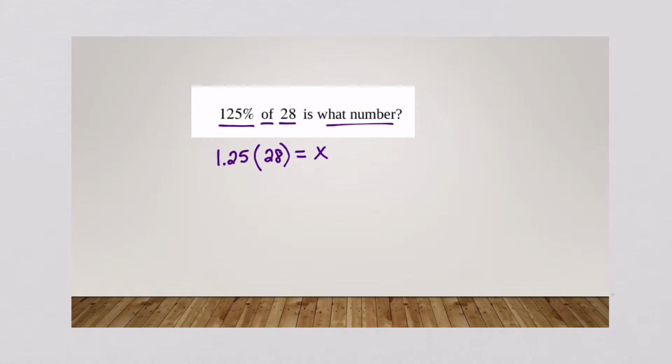So on my calculator, I'm going to type in 1.25 times 28. And I get 35. So we knew that because it was more than 100% that the number had to be bigger than 28. And 35 is definitely bigger than 28. So 125% of 28 is 35.